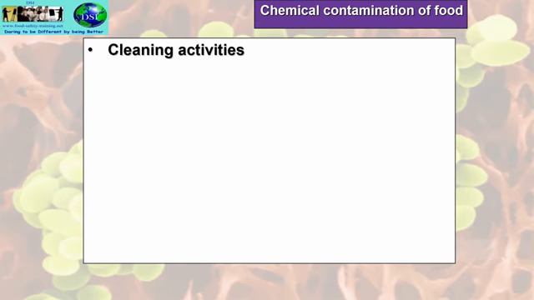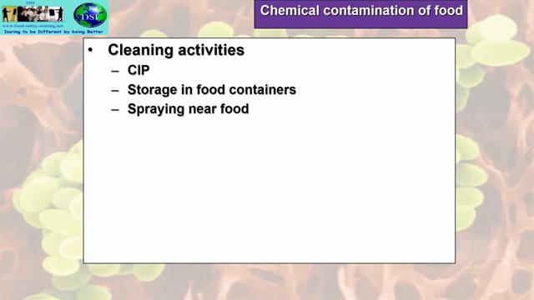Chemical contamination of food can also come from cleaning activities, such as cleaning in place, storage in food containers, spraying near food, storage with food.